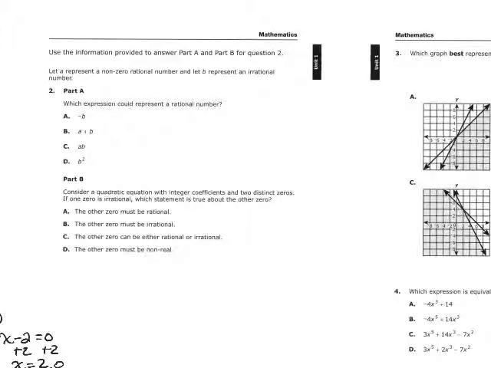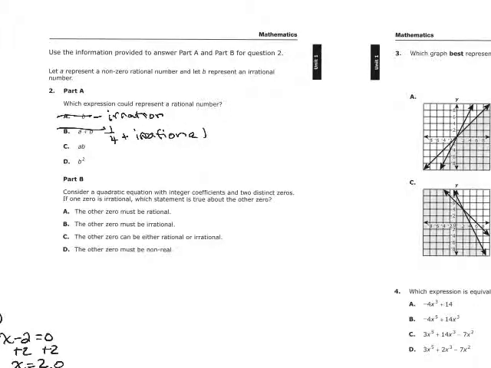So that's why, for which expression could represent a rational number, when one of them is rational and the other is irrational, it just doesn't work. Subtracting an irrational is not going to help you at all. So having a negative irrational doesn't change anything. Having a rational and adding it to an irrational doesn't change anything.